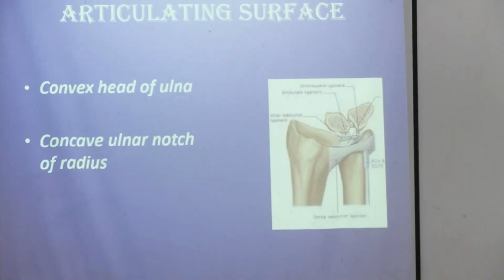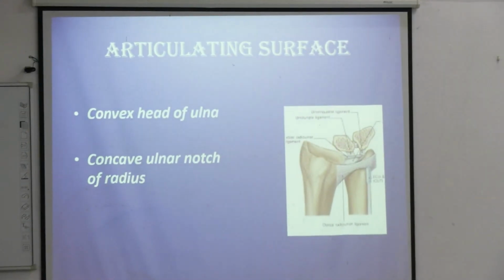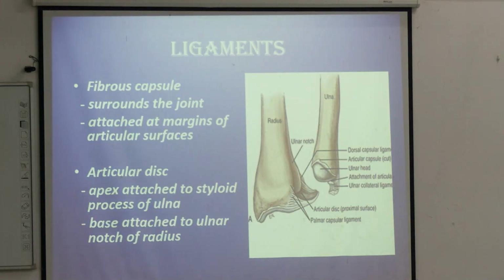Now, articulating surface, the convex head of the ulna, concave ulnar notch of the radius. Ligaments, fibrous capsule surrounds the joint attached at margins of the articular surfaces. Articular disc, apex attached to the styloid process of the ulna. This is the styloid process.